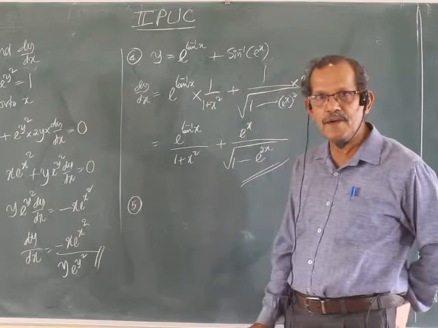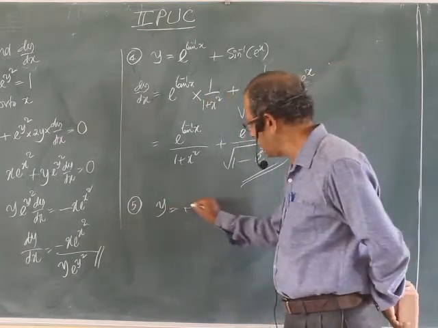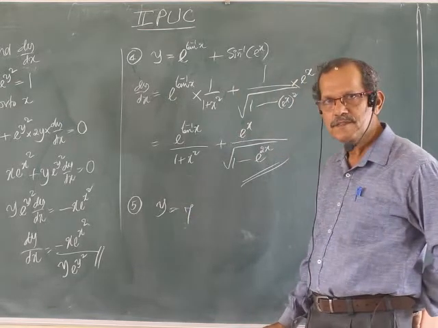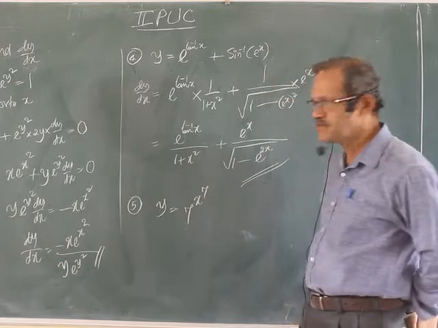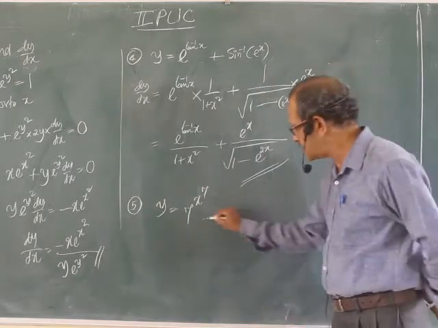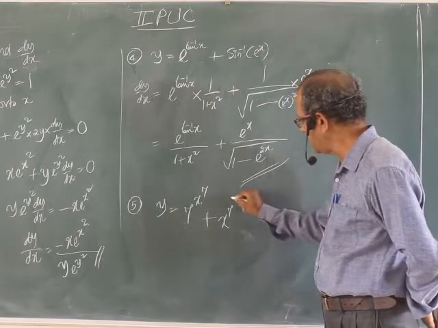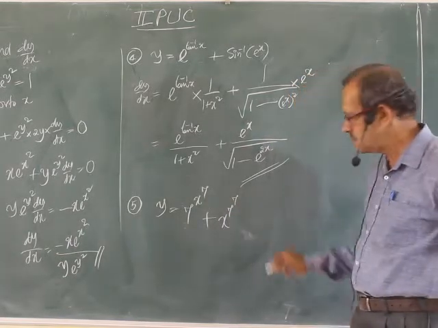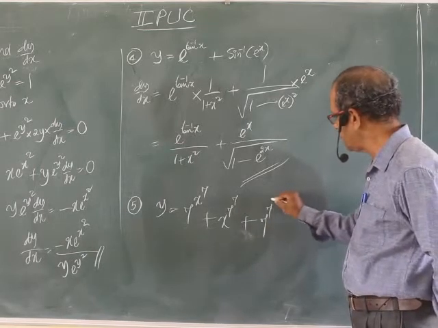Problem number 5. y equal to 7 to the power x to the power 7 plus x to the power 7 to the power 7 plus 7 to the power 7 to the power 7.